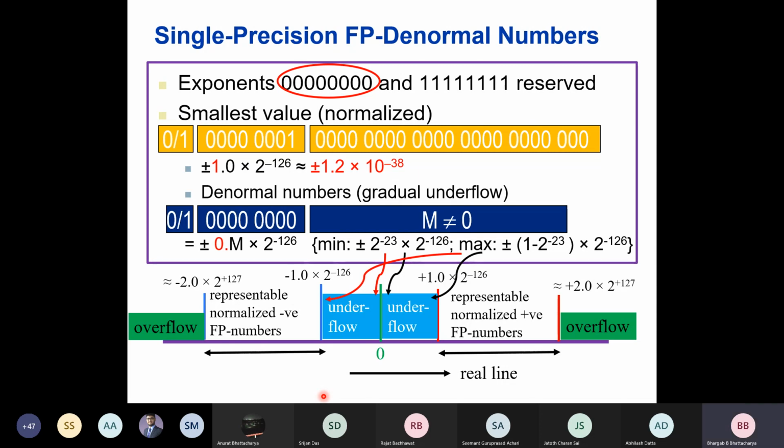So that's how this IEEE floating point committee thought about the representation of floating point numbers. So you see, there is a lot of careful thought behind this entire thing.